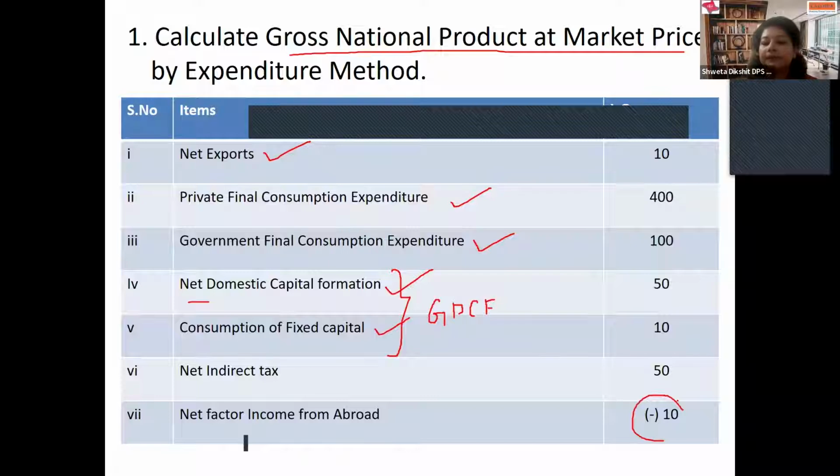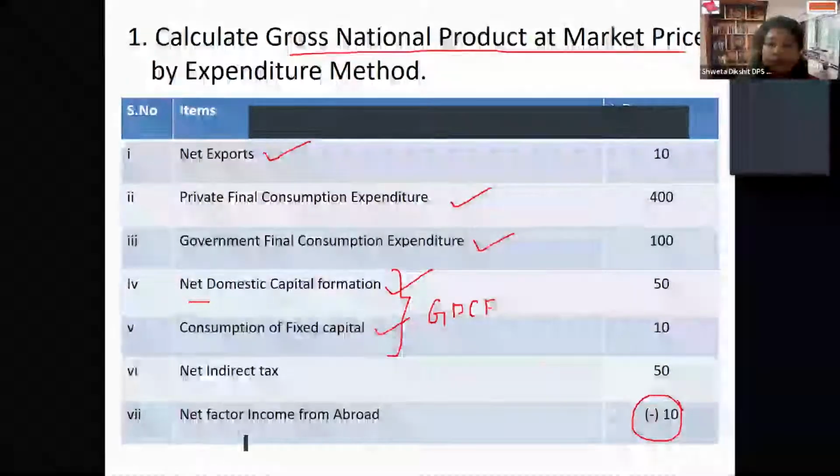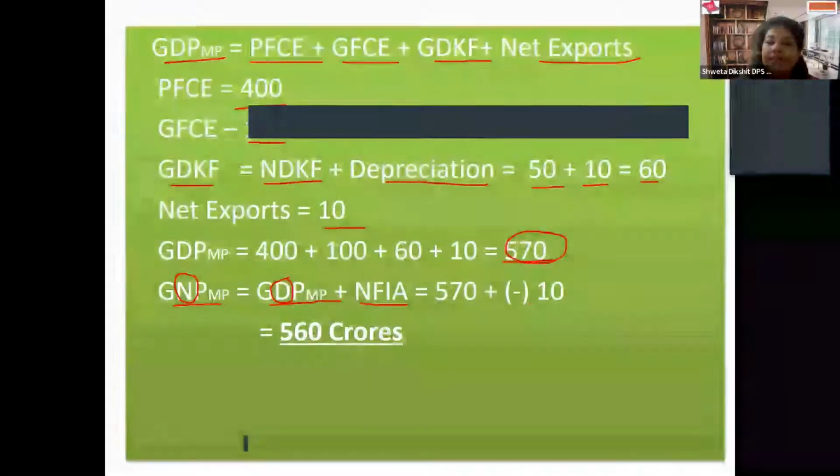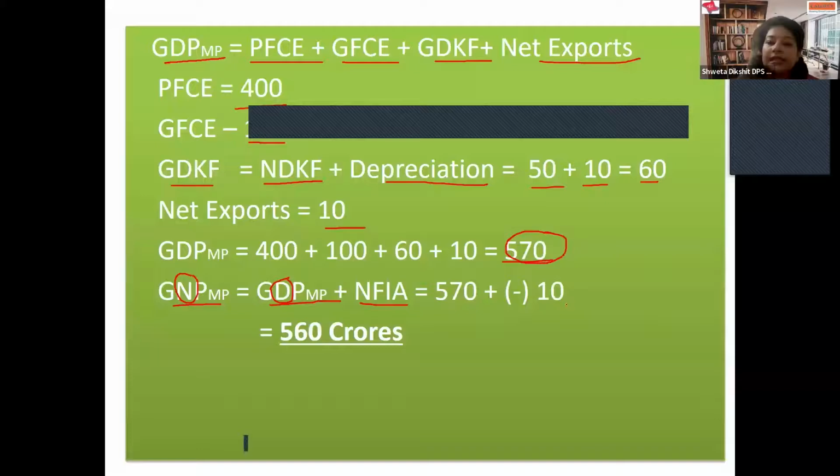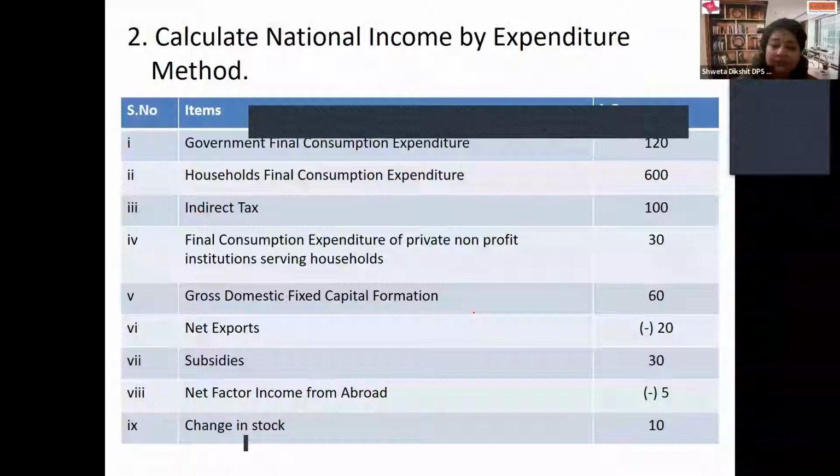NFIA is minus 10. So you can see that 570 plus minus 10 is equal to 560 crores, which is the answer. You must have realized that this is so very easy, and that is why I have been reiterating that you need to focus on this and try to score 100% marks out of it.